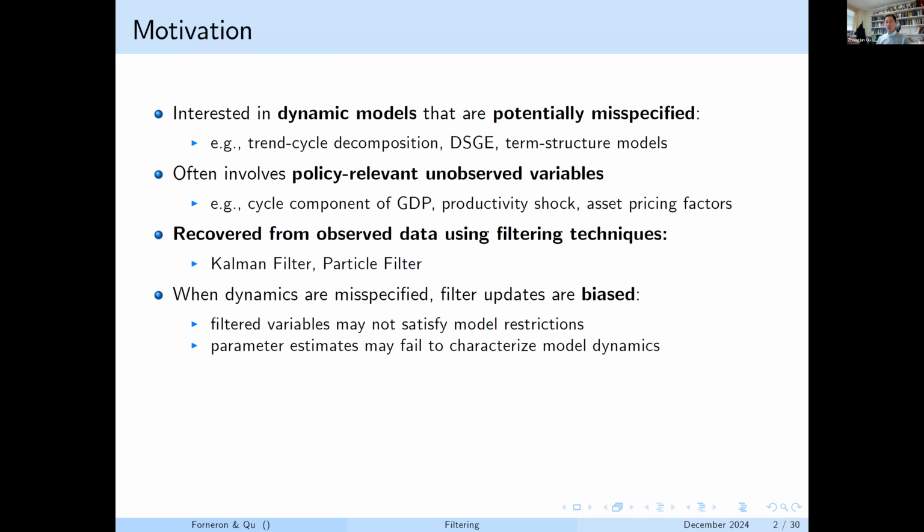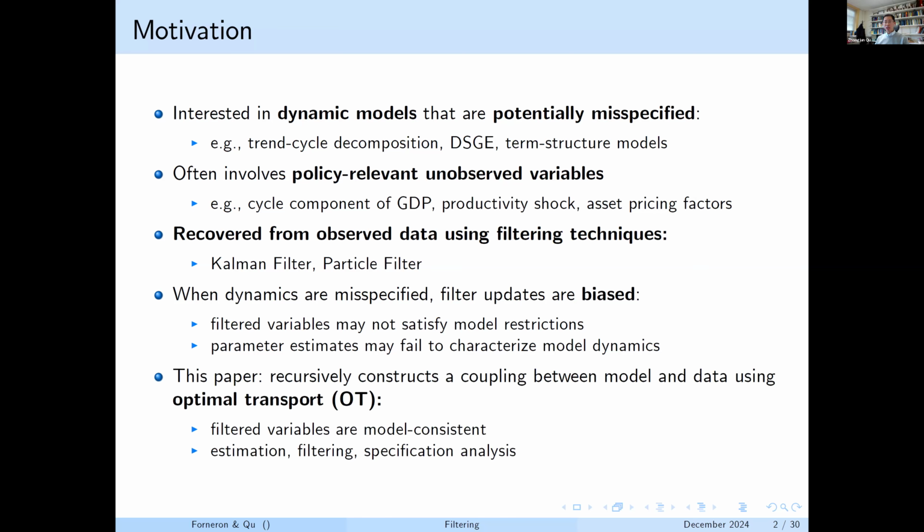Another consequence is that the parameter estimates actually may fail to characterize model dynamics. I realize that the meaning of these 2 sentences might not be quite clear, but I'll have a couple of slides to further illustrate these points.